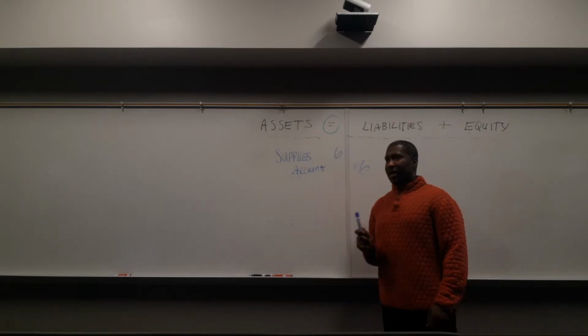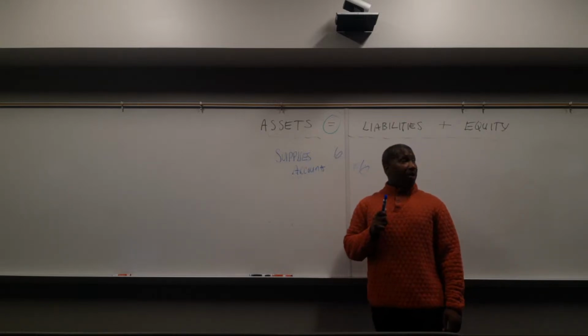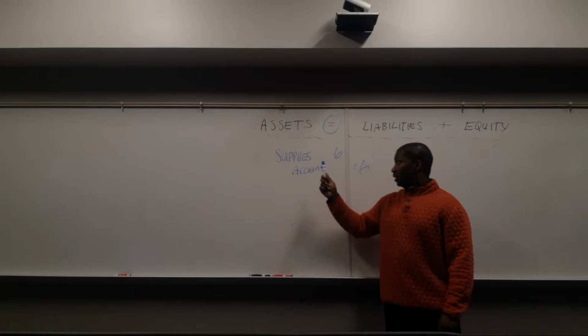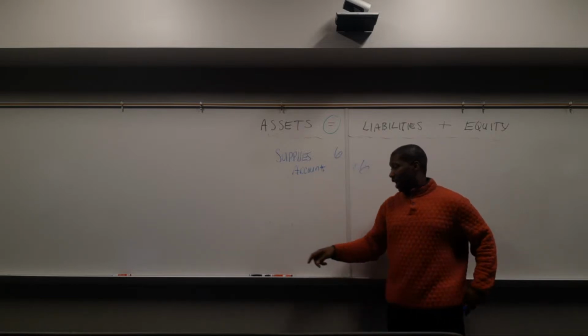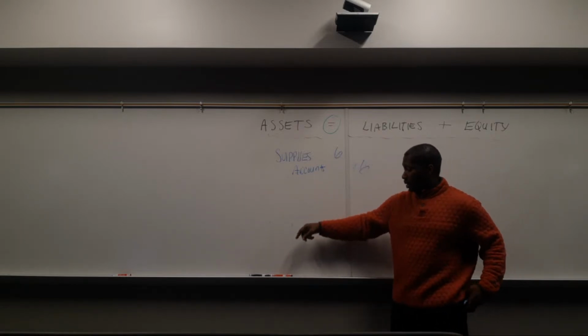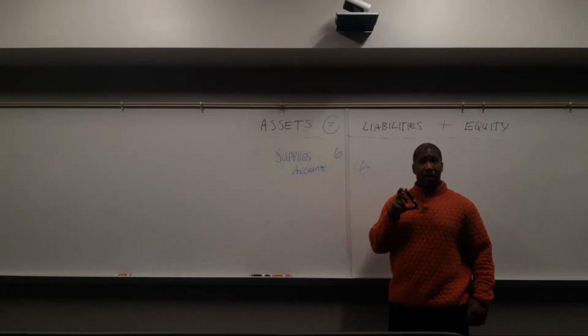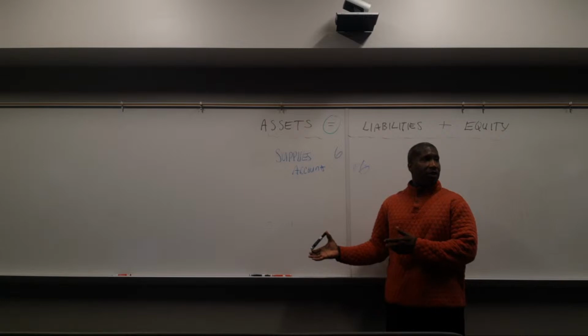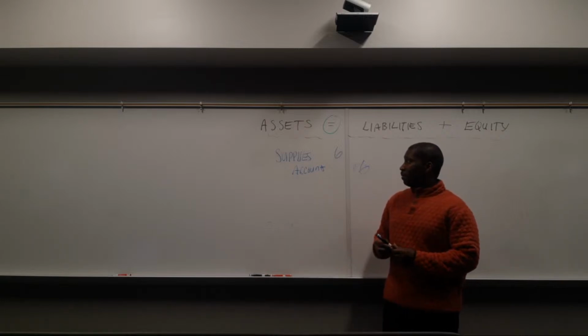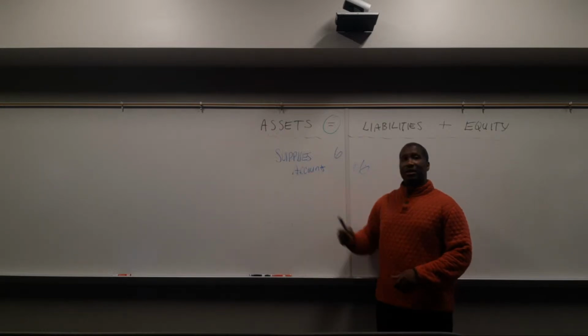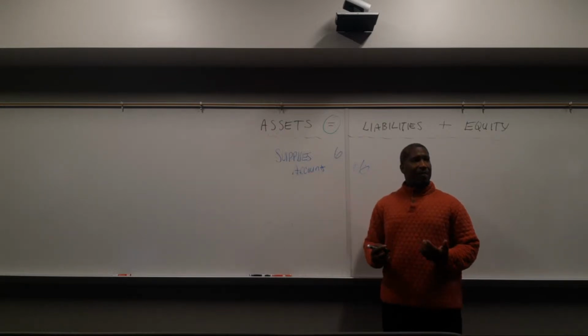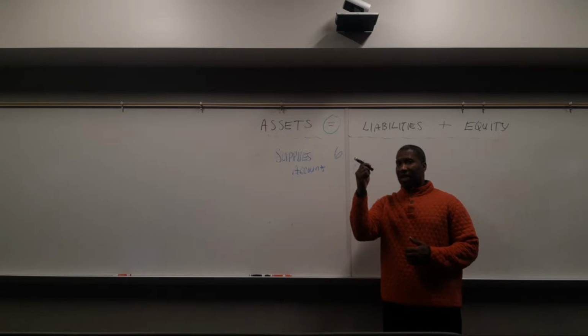That's my asset. Now, what about when I use one of these markers? This is what I have from last year. This is what I have in the beginning. I need to go over here and get one of these supplies out to be able to do my work, right? So we agree that I reduce my supplies a little bit, right? So now, since I reduce my supplies, and since supplies is an asset, am I going to debit or credit my asset that I just reduced?